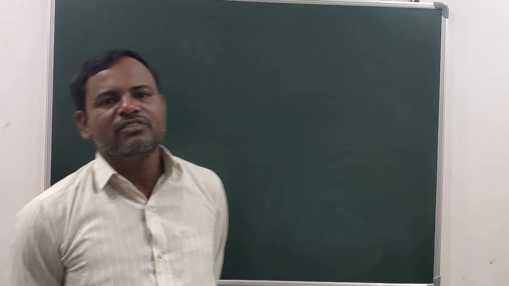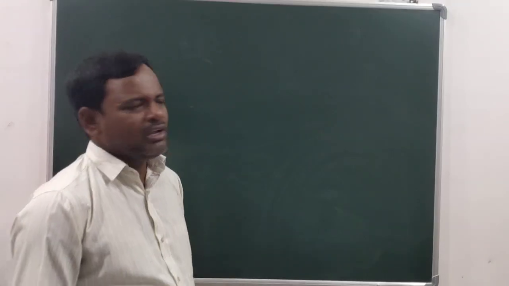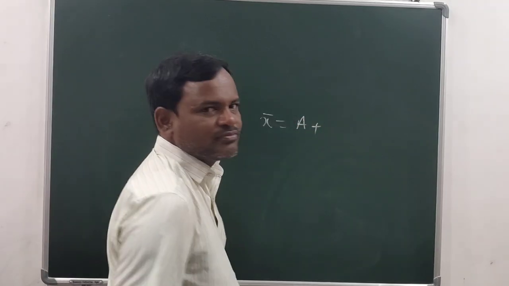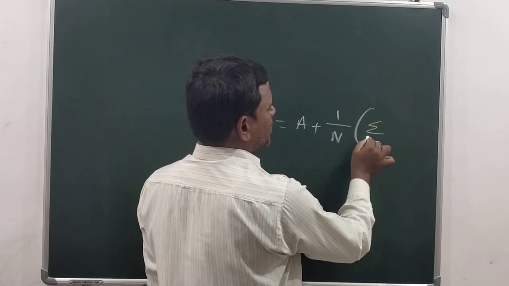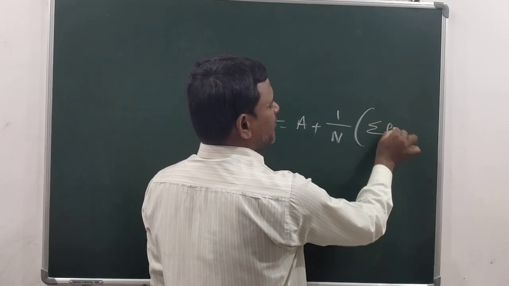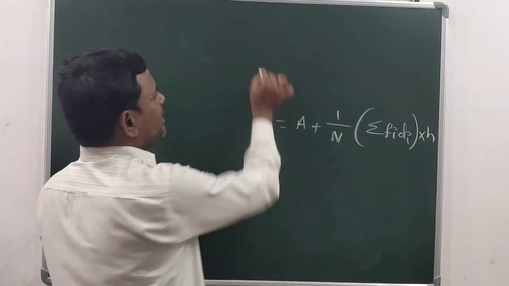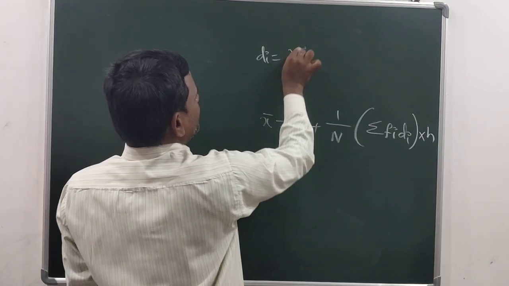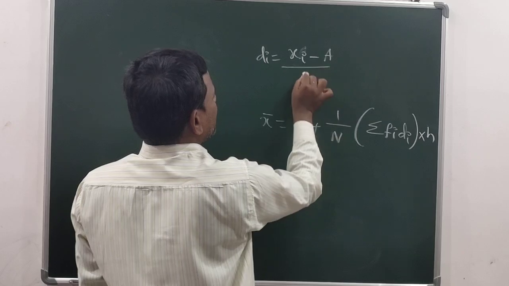For that continuous frequency distribution, how to prepare mean and median you know. See, this is x bar, which is equal to capital A plus 1 by n sigma fi di into h, where di is xi minus a by h.